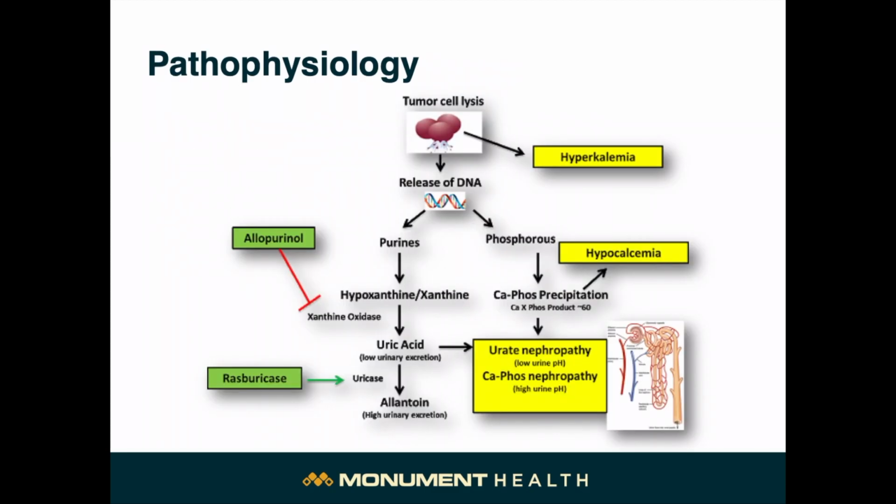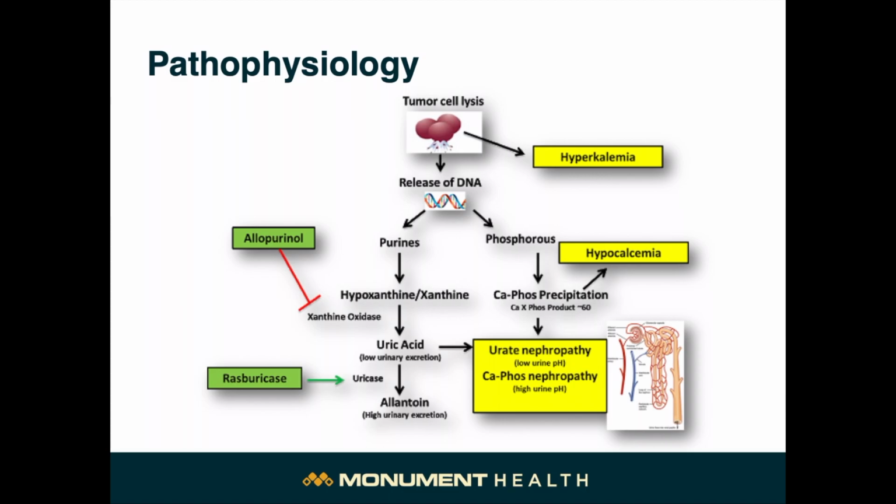I really like this diagram that's detailing the pathophysiology of tumor lysis syndrome and specifically looks at all of the different complications that can occur when you have a tumor cell that lyses. Tumor lysis syndrome can occur when cancer cells release their contents into the bloodstream. Now, this can occur either spontaneously or following chemotherapy administration.